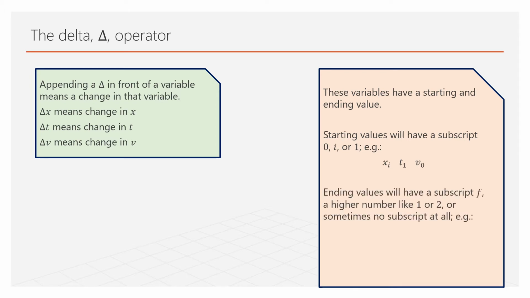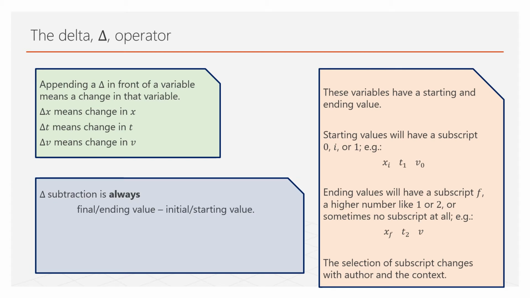Ending values will have a subscript of f or a higher number like 1 or 2, or sometimes no subscript at all. So for example, x sub f, t sub 2, or just v. The selection of subscript changes with author and the context.